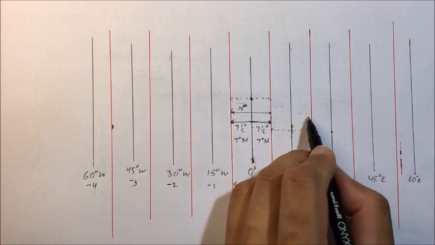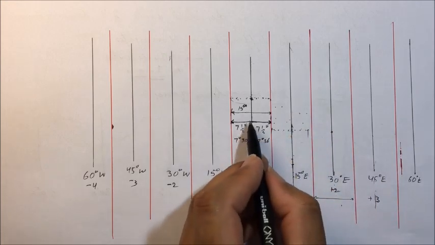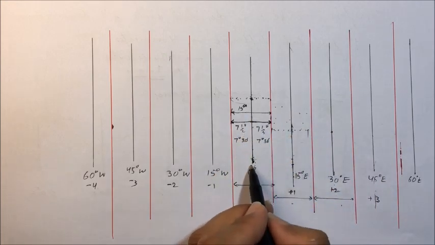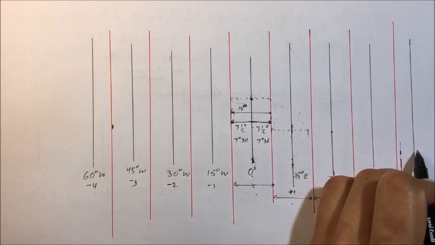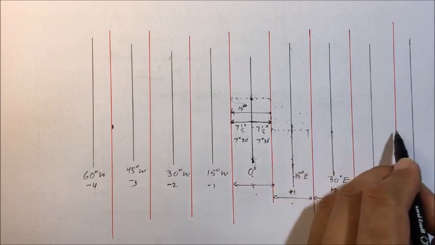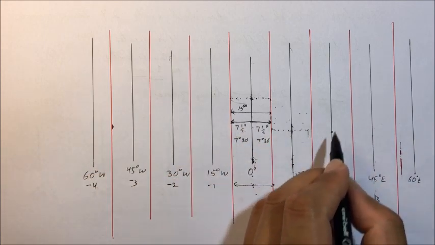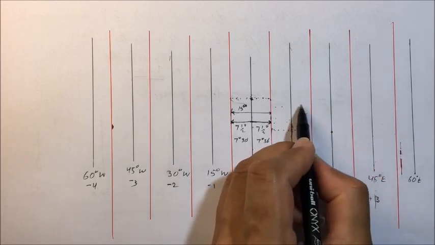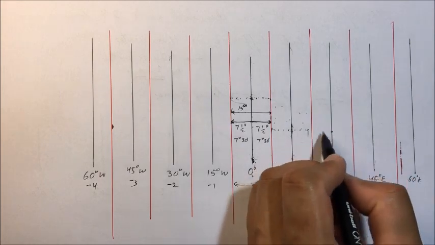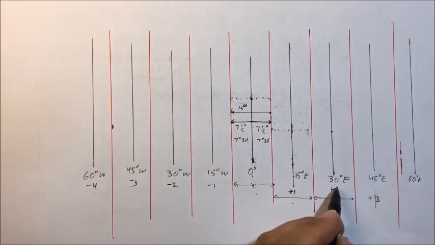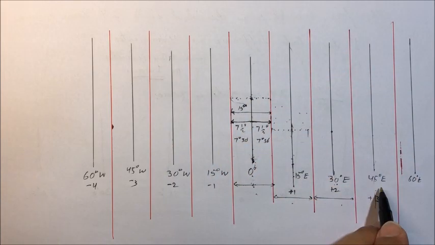Now, similarly, the meridians that are multiples of 15 degrees, that is 0 degrees, then 15 degrees, 30 degrees, on both the east and west sides, were set as the central meridian for each time zone. For example, the central meridian for this time zone will be 15 degrees, for this time zone 30 degrees east, and for this one 45 degrees.